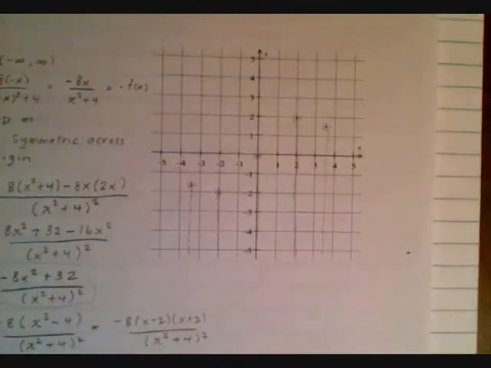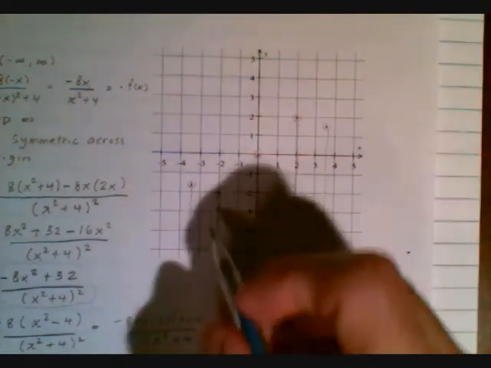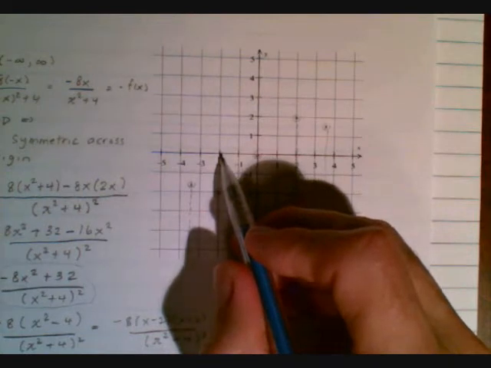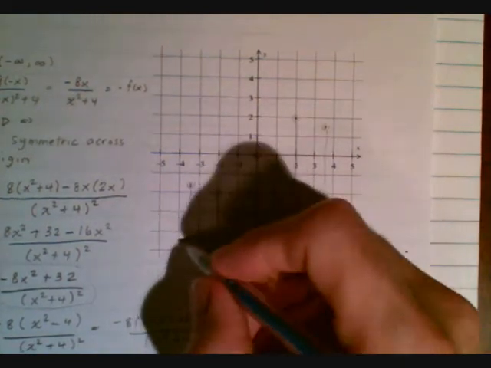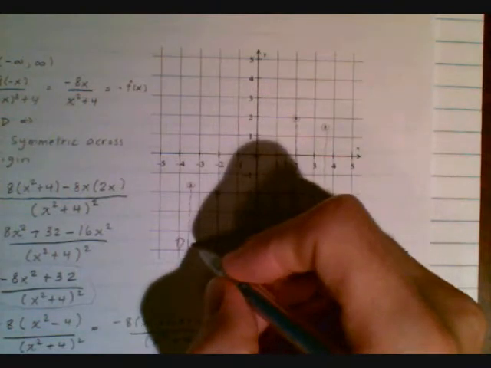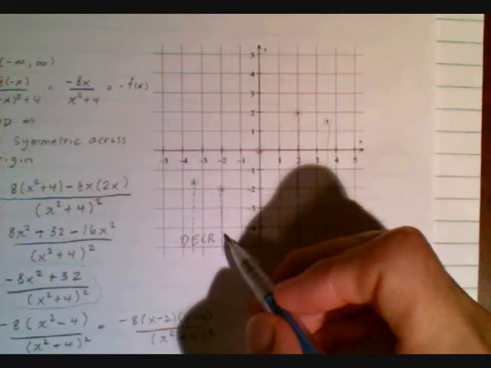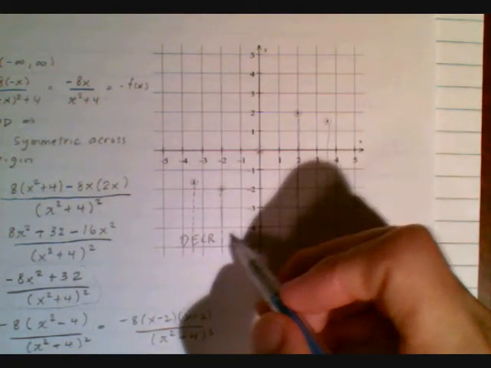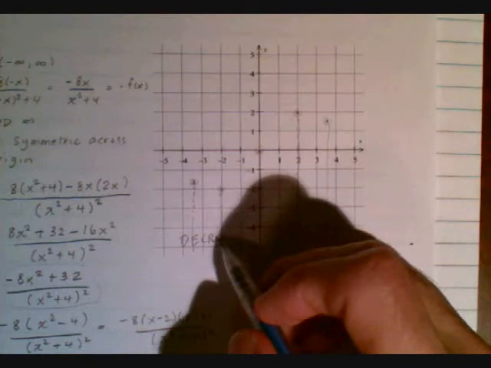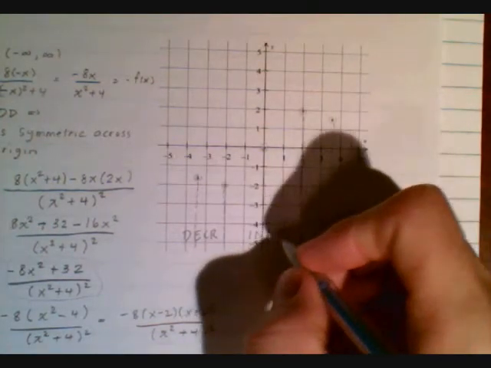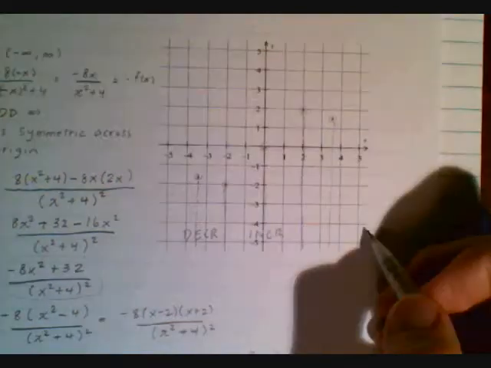What we found is that on the interval from minus infinity to minus 2, the function is decreasing. From minus 2 to 2, it's increasing. And from 2 to infinity, it's decreasing again.